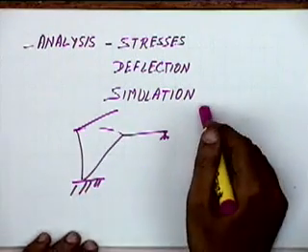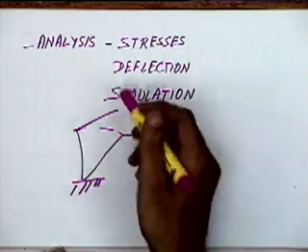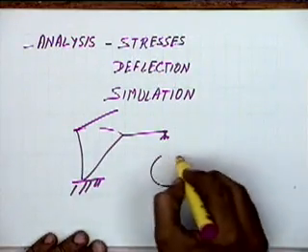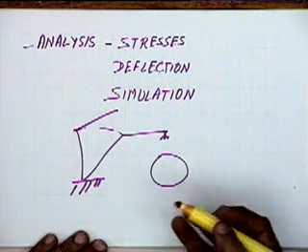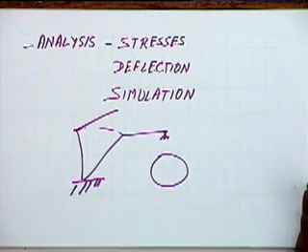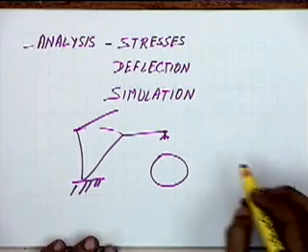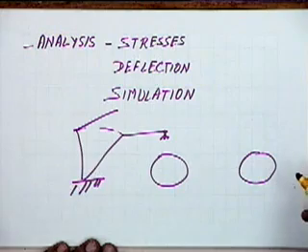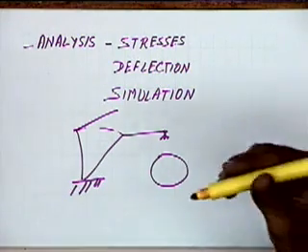Another very important application of this kind of analysis is, let us say we have one object, which can be a very complex object, maybe a car or a bus, and we have another object, maybe another car or a two-wheeler. They meet in a head-on collision.